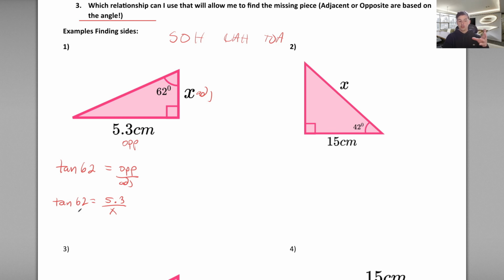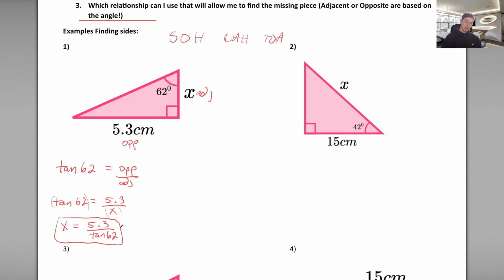Do some little cross multiplication really quickly. So if you don't know how to do cross multiplication, it's pretty much getting two terms that if everything is being multiplied or divided, which everything is, we can get two terms and we can flip them very easily. So this would be equal to x equals 5.3 divided by the tangent of 62.